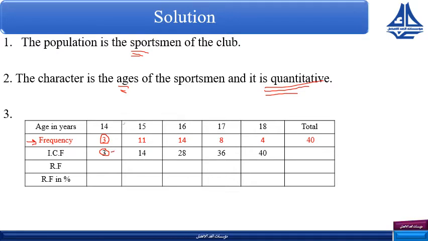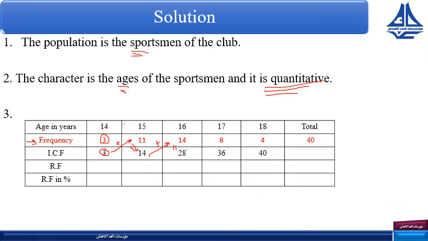3 plus which number equals 14? 3 plus 11 equals 14. Now 14 plus which number equals 28? 14 plus 14 equals 28.